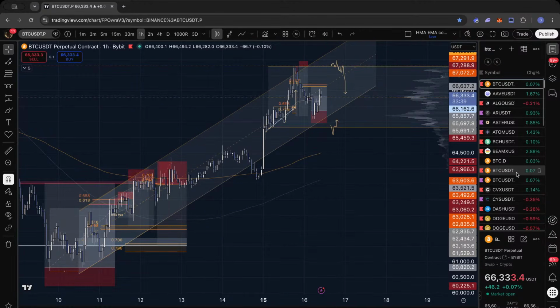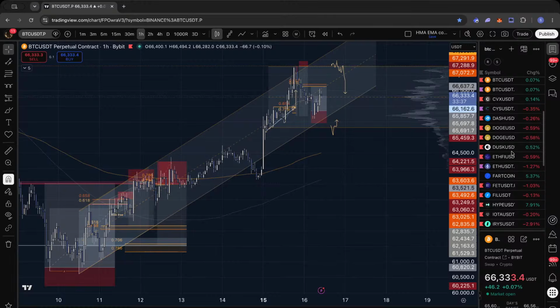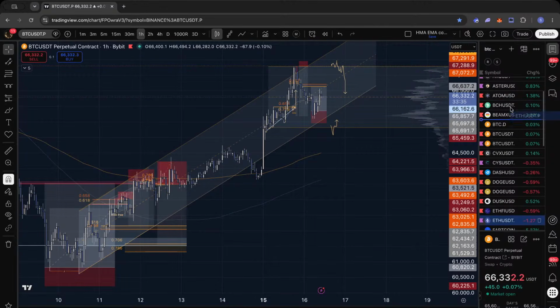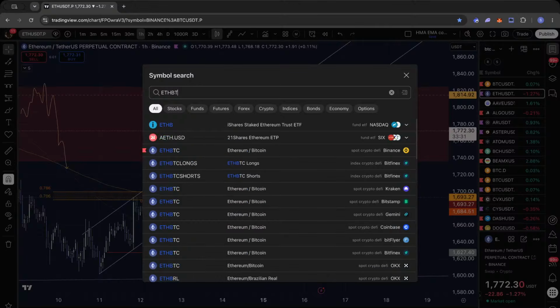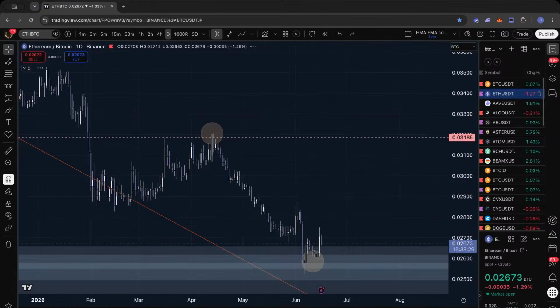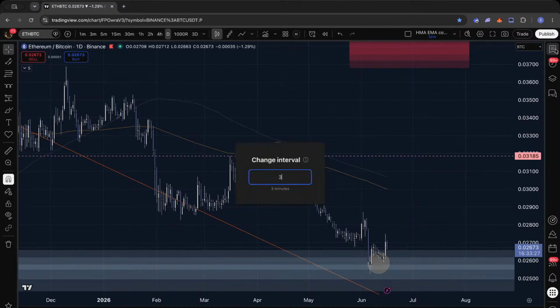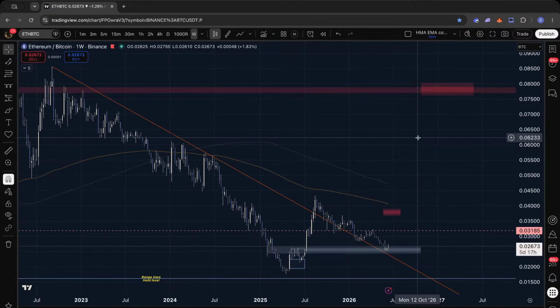All right, let's go on Ethereum and then I'll go on altcoins. Ethereum, I explained yesterday some of my plans on Ethereum Bitcoin. It's not looking bad, but it might take a little bit more time.